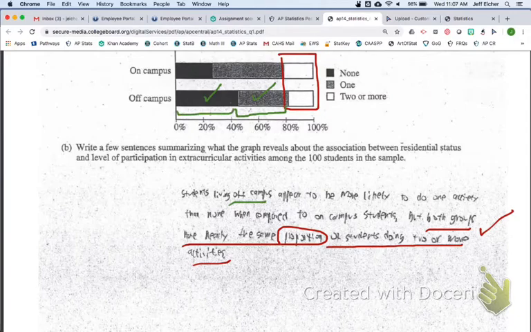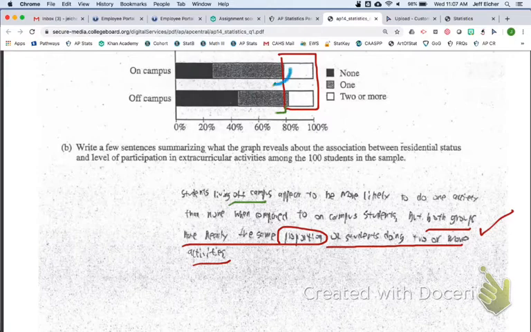I think what the student's trying to say, maybe when you first read it, I know when I first read it, I think the student was trying to say, hey, look, they're more likely to do one activity compared to on-campus. Well, I guess I still am not clear exactly what the student's trying to say. More likely to do one activity than none when compared to on-campus.